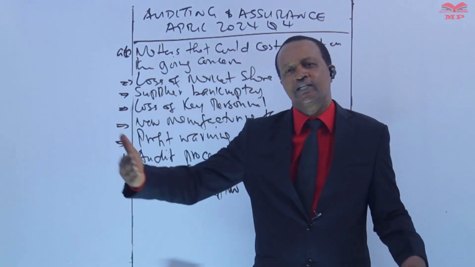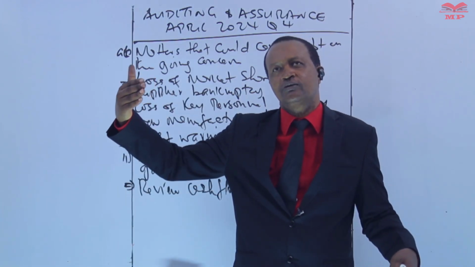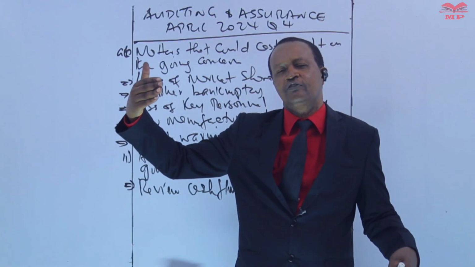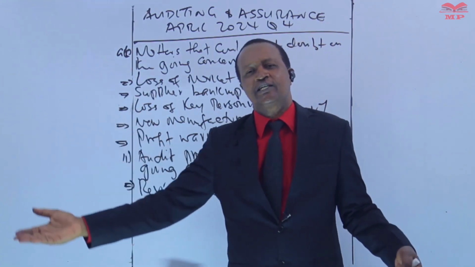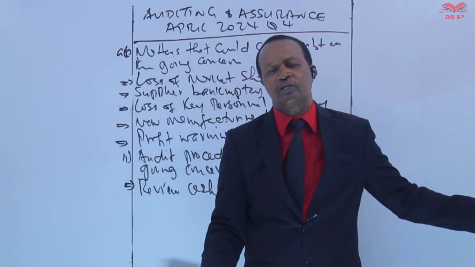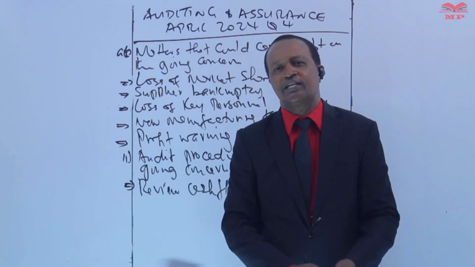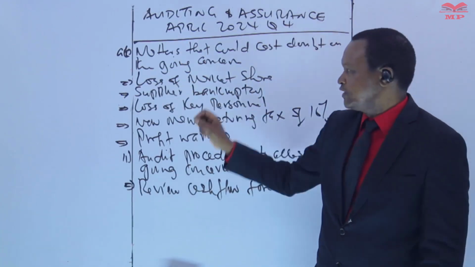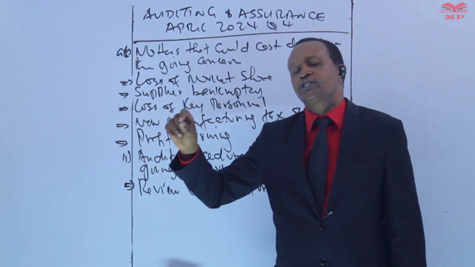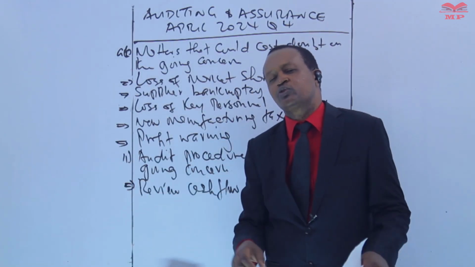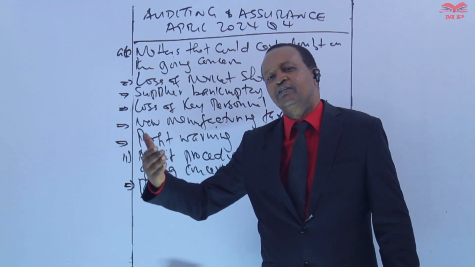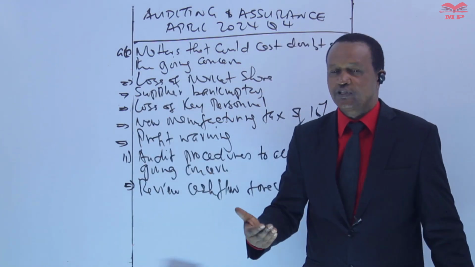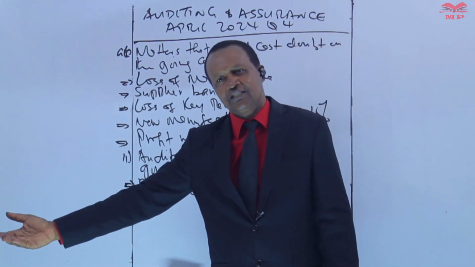So you need to look at mostly futuristic data, not historical data. You are not analyzing history. You are analyzing the capability of the company to be in operation in the foreseeable future. So the statement you should be analyzing is, if it's a cash flow, then it should be the forecast.